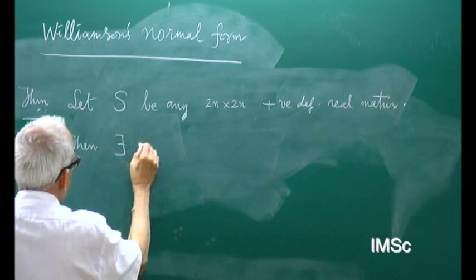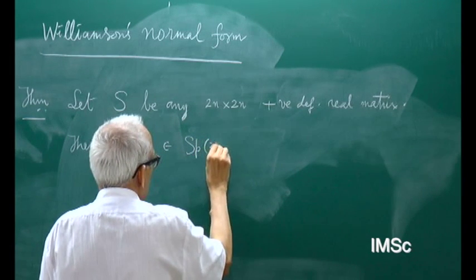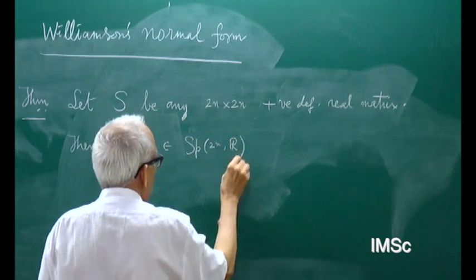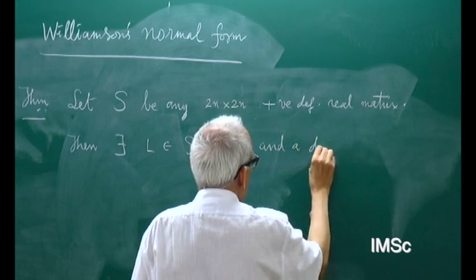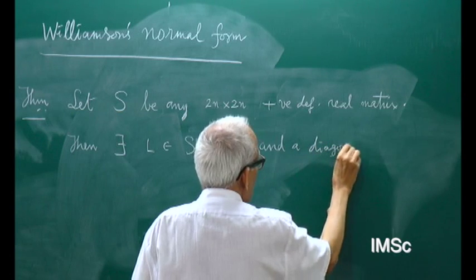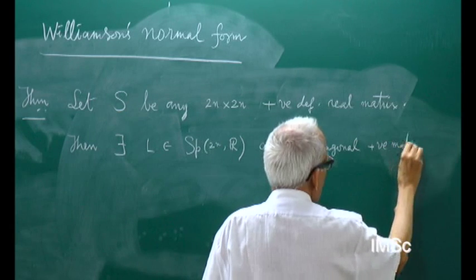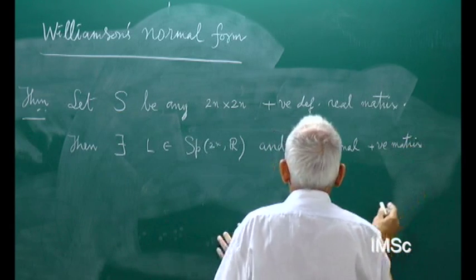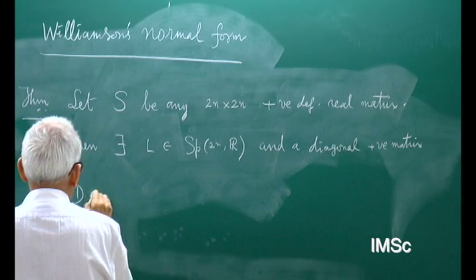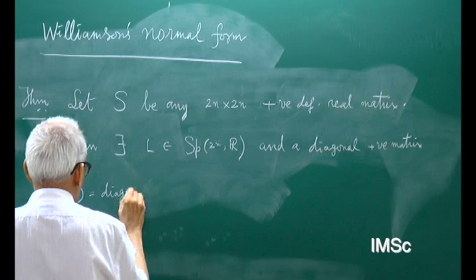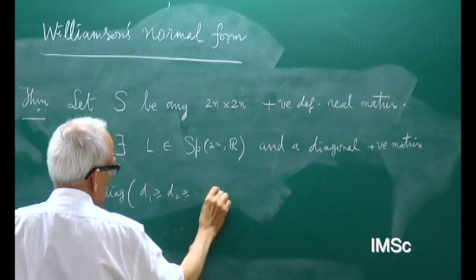Then there exists L belonging to Sp(2n,R) and a diagonal positive matrix of order n, D equal to diag(D1, D2, ..., Dn) with D1 greater than or equal to D2 greater than or equal to ... Dn.